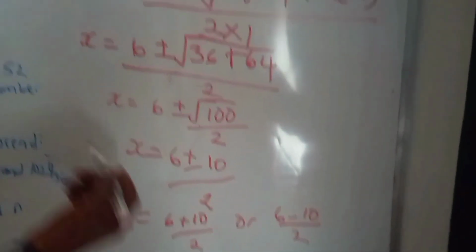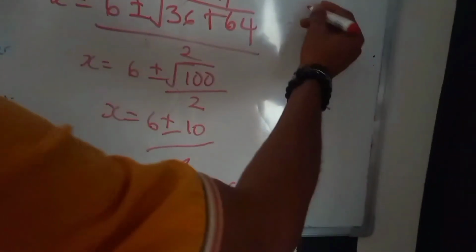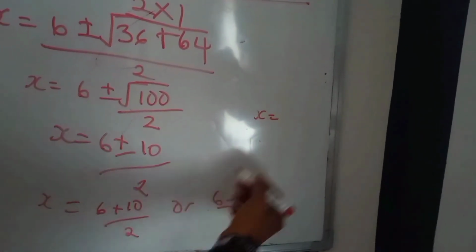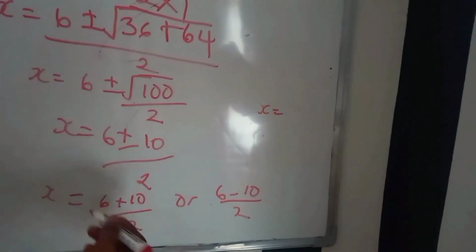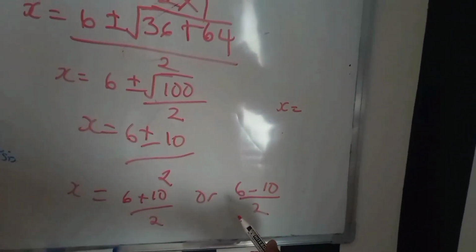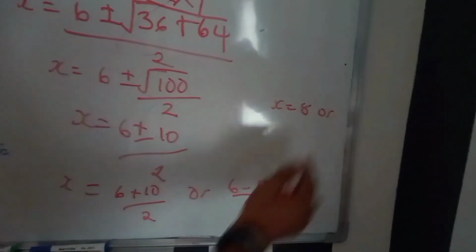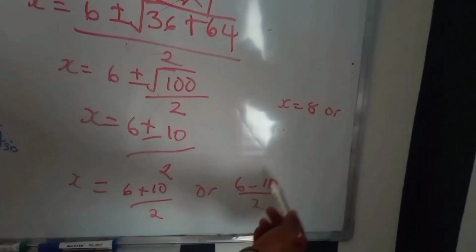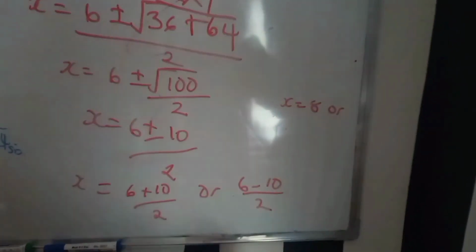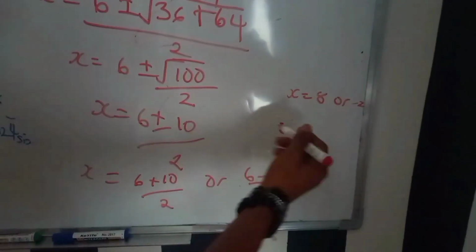So x equals 6 plus 10, which is 16. 16 divided by 2 is 8. So x equals 8, or 6 minus 10 is minus 4. Minus 4 over 2 is minus 2.